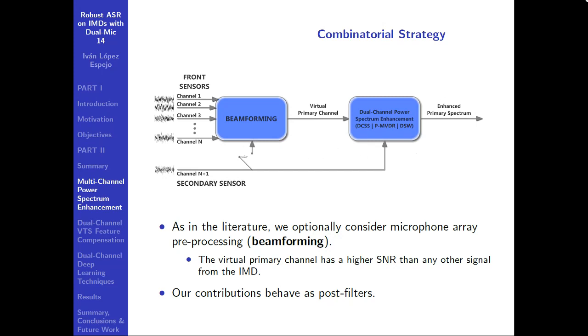As an advantage, we can highlight that this virtual primary channel has a higher signal-to-noise ratio than any other signal from the mobile device, thereby increasing the recognition accuracy. This way, our contributions behave as dual-channel post-filters.